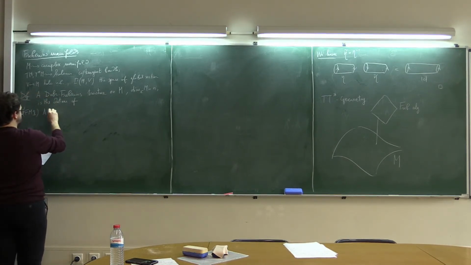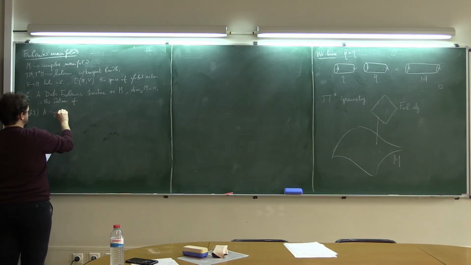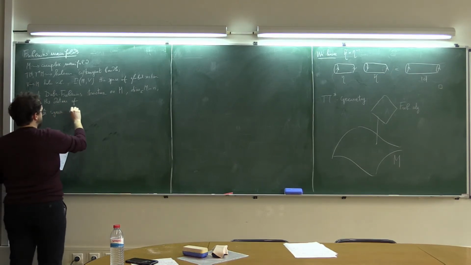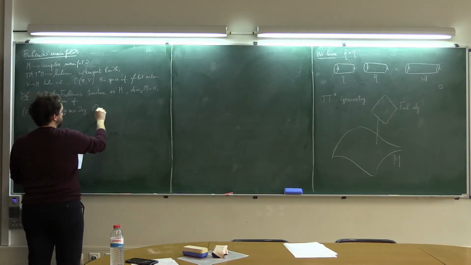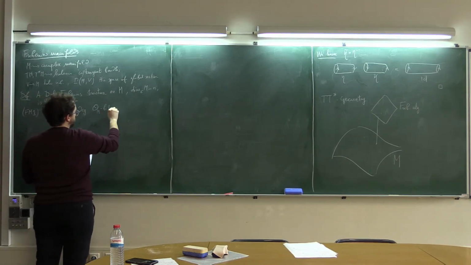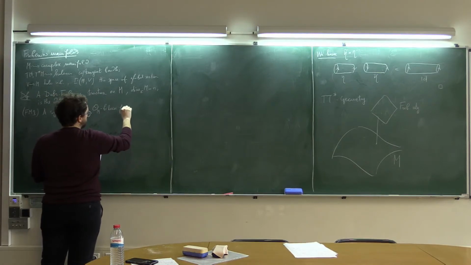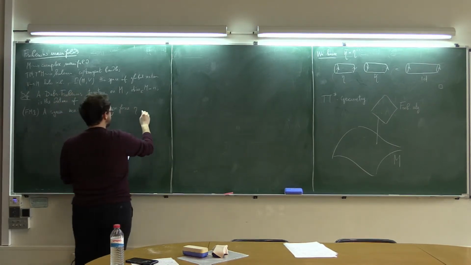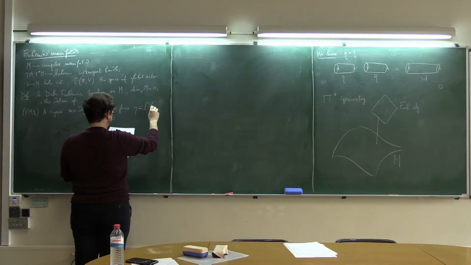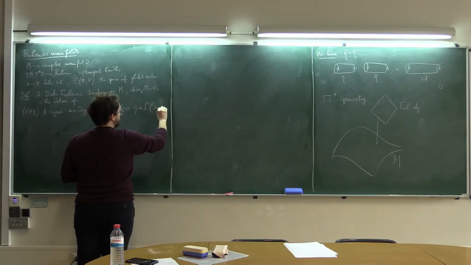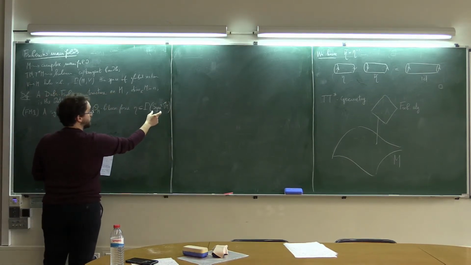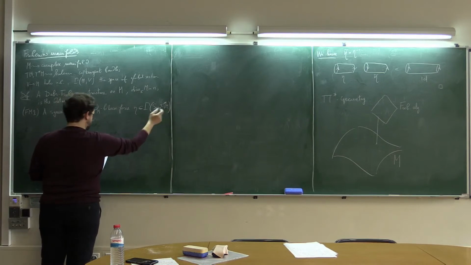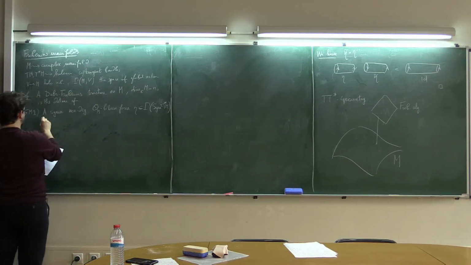So a symmetric, non-degenerate bilinear form eta. So it is a section of the second symmetric power of the cotangent bundle, the metric.